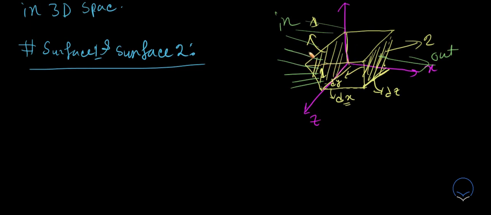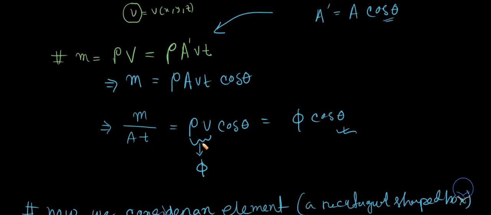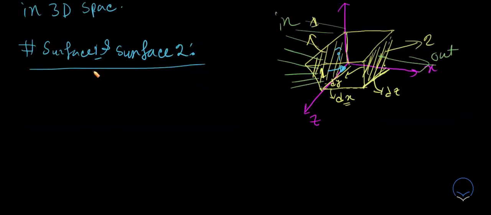So if you recall, we denoted this phi over here as rho v, right? Now we consider this for surface 1 and surface 2, since we are considering the fluid flow, or the water flow, throughout this volume.